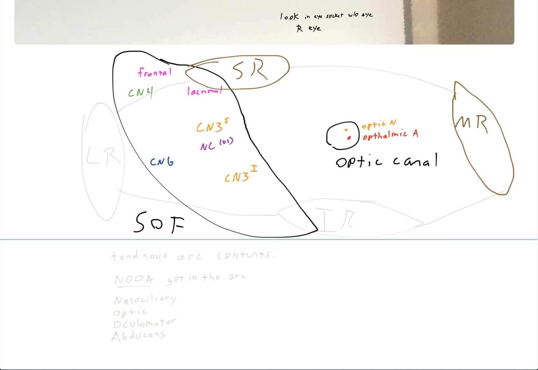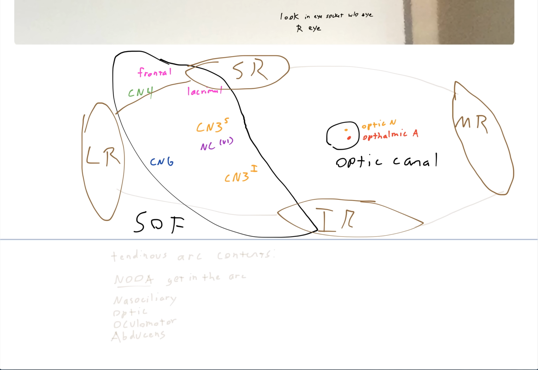Going through the common tendinous ring, you have the nasociliary, optic, oculomotor, and abducens.